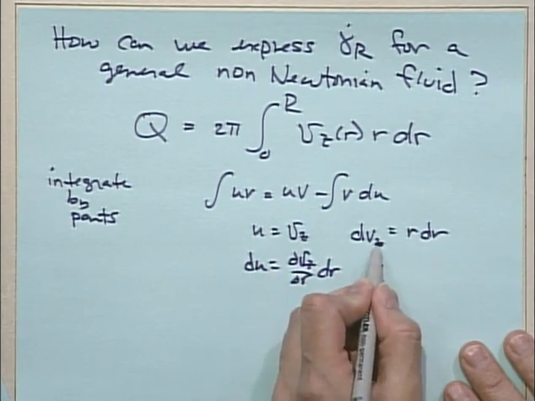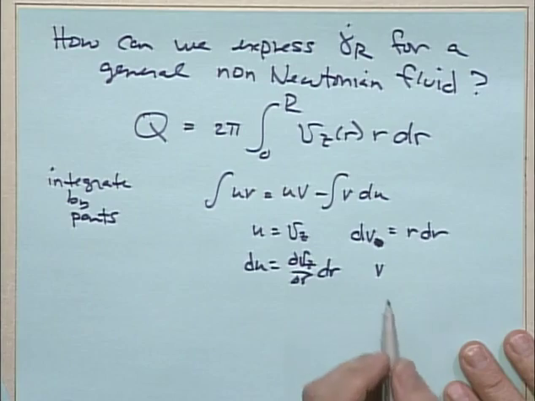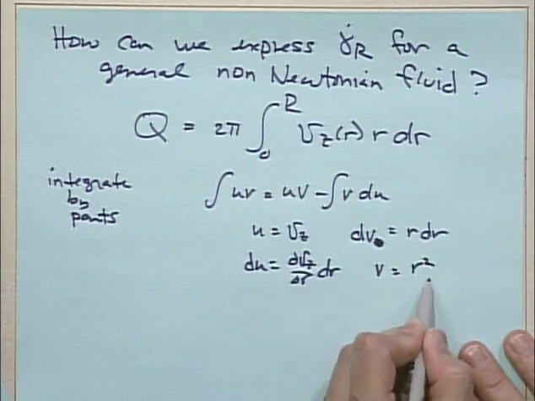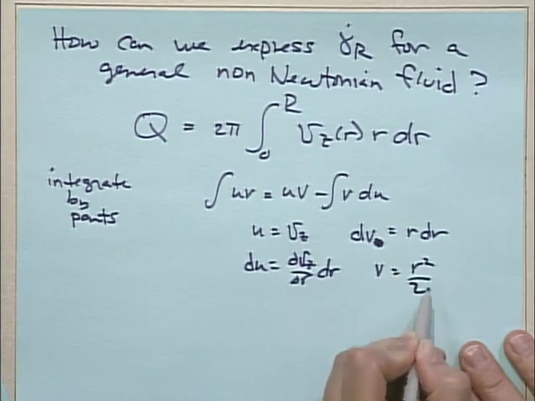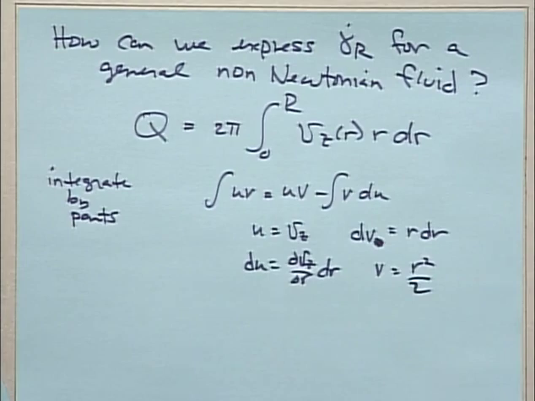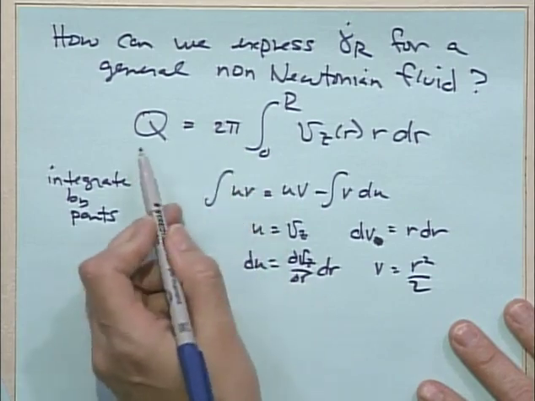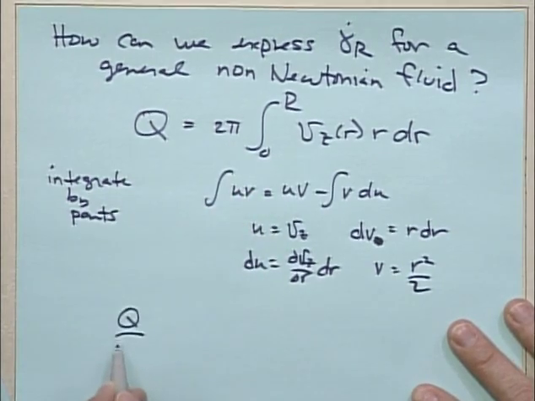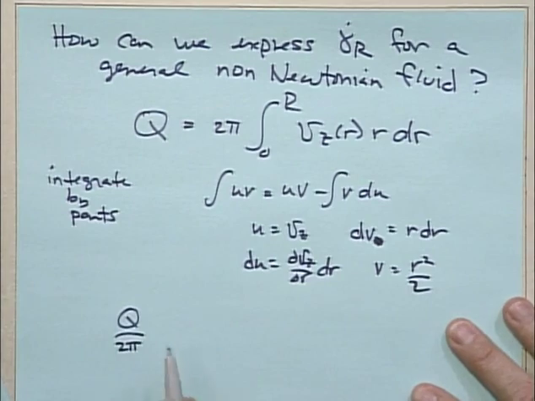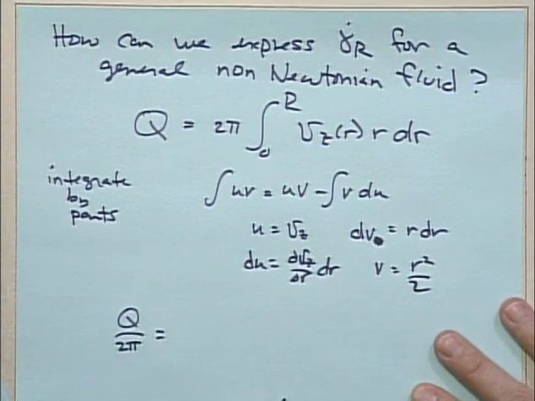And u dv, that's the regular dv there. Integrate this, I get r squared over 2. I'll move the 2 pi over to the left just for a holding pattern there. And now I'll do the integration by parts.